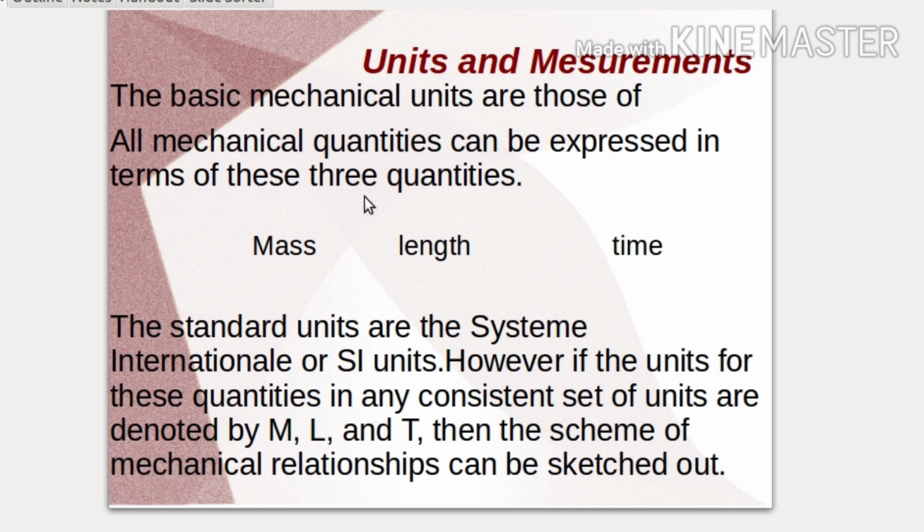So all mechanical quantities can be expressed in terms of these three quantities, that is mass, length and time. These three quantities are basic quantities, and with the help of them we can write any physical quantity. For example, we have a mass of 10 kg and a mass of 20 kg.